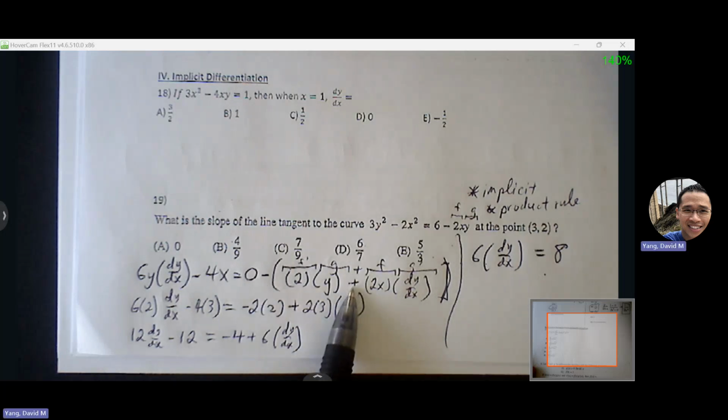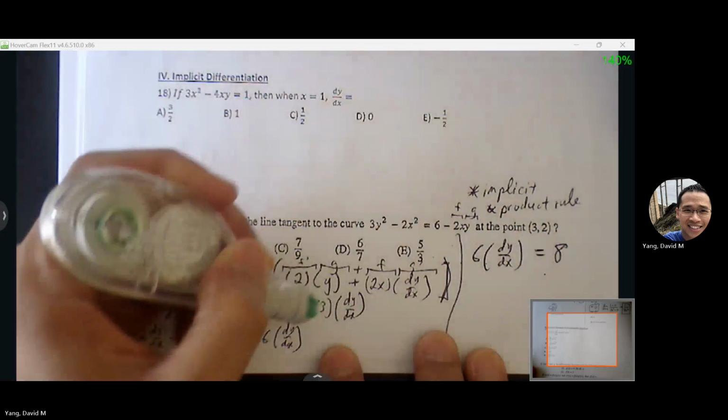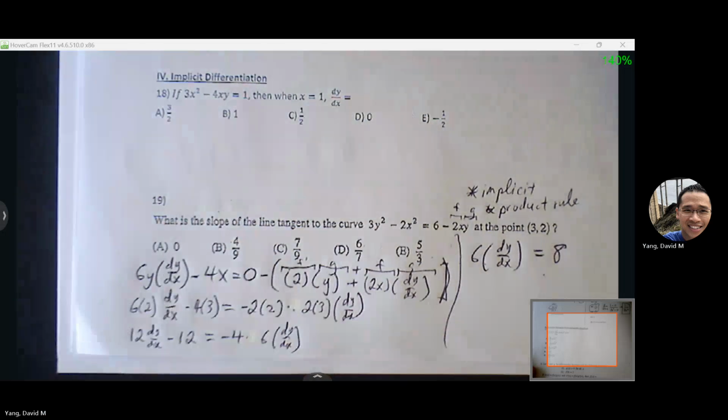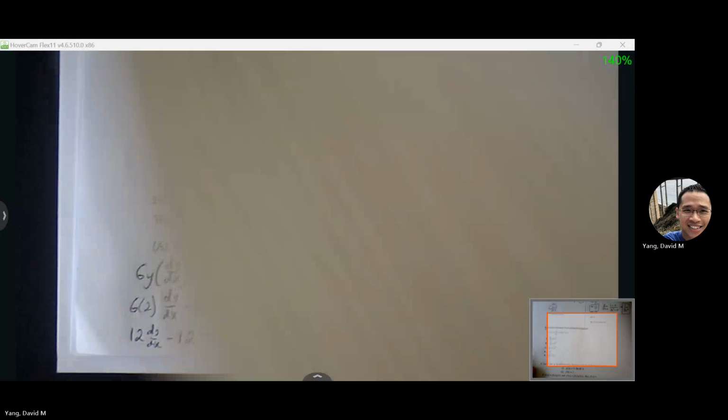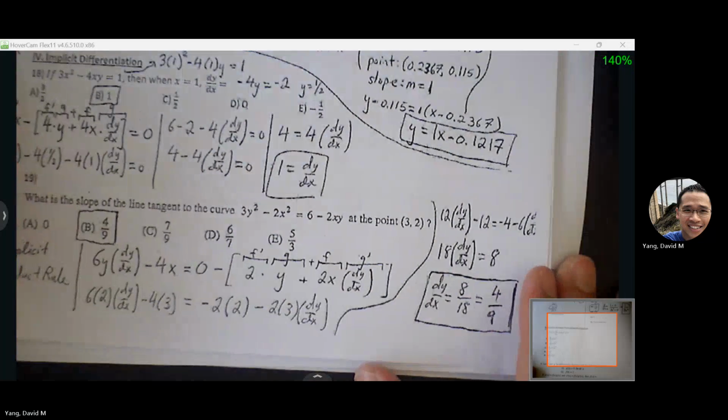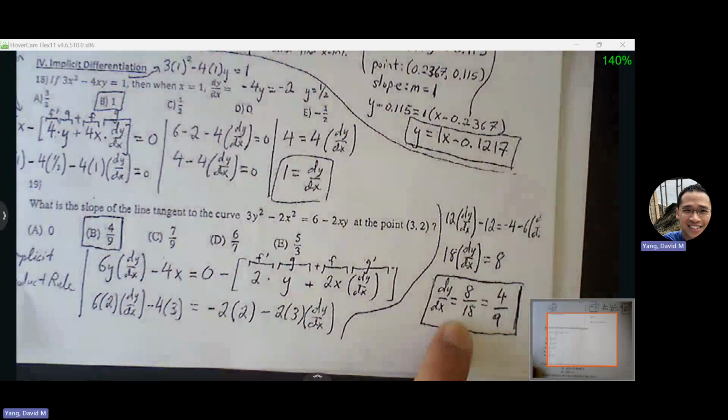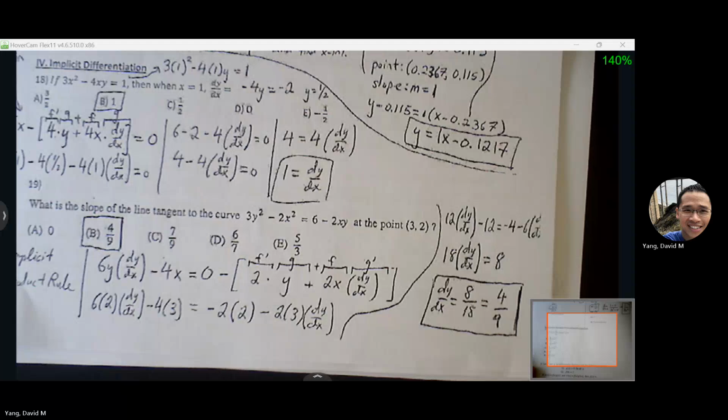Oh, I forgot to distribute the negative through. So this should be minus. Sorry, it should end up being 8 over 18 or 4 over 9.